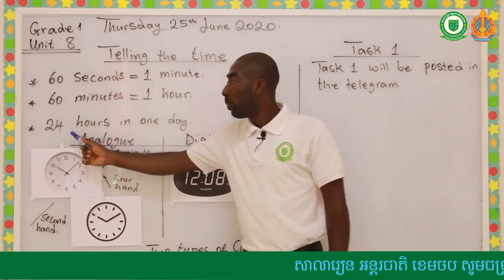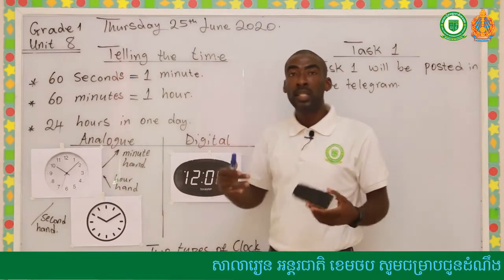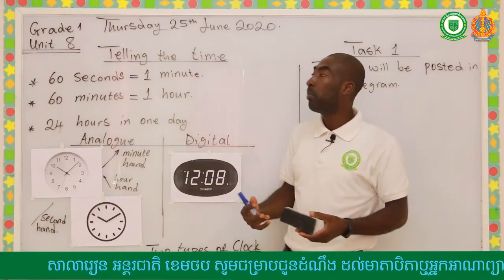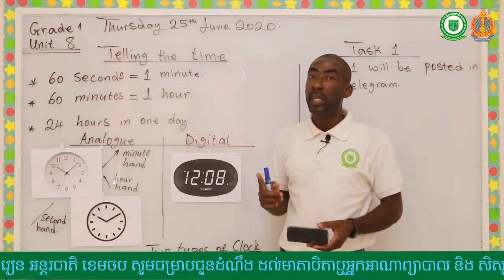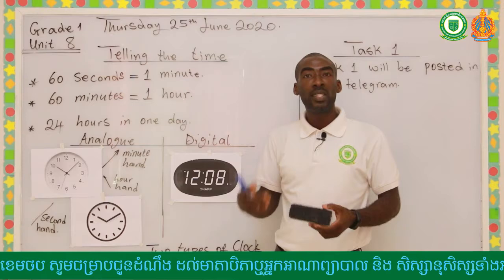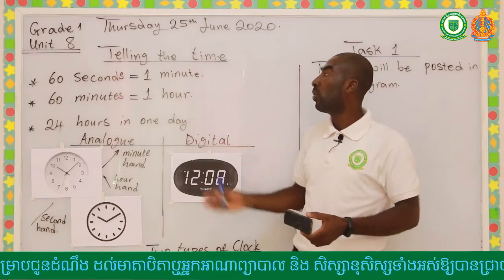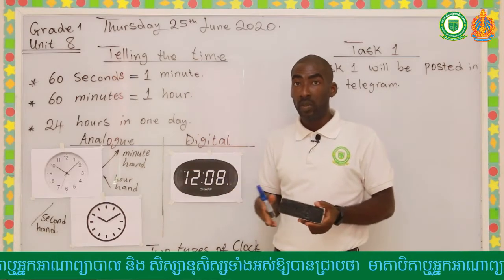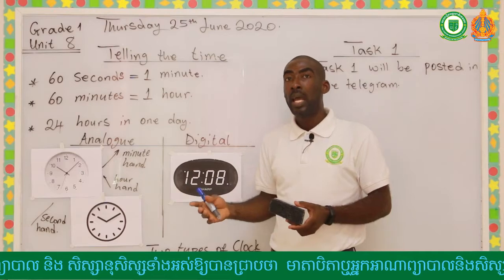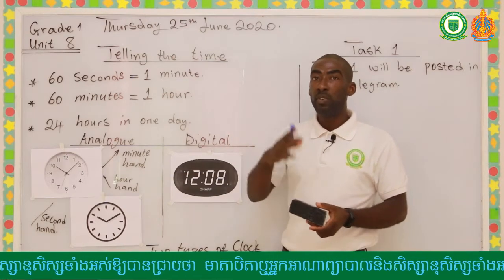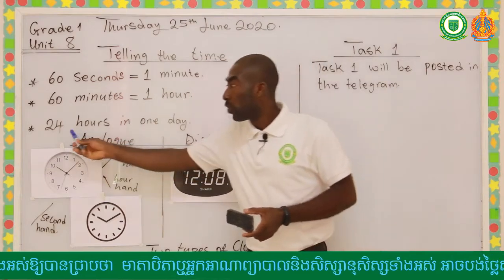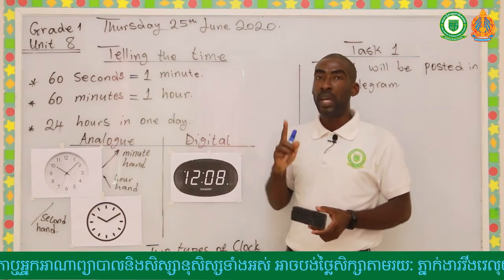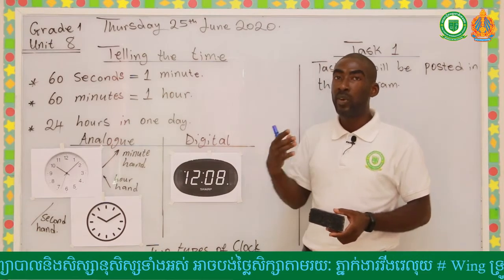So it means that in telling the time, every 60 seconds of a time is equal to 1 minute, and every 60 minutes of a time is equal to 1 hour. From morning up to midnight, before we go to the next morning, we spend 24 hours in 1 day. So every day we spend 24 hours.